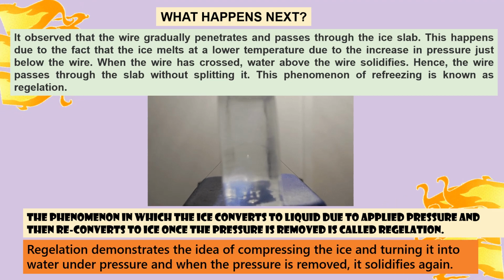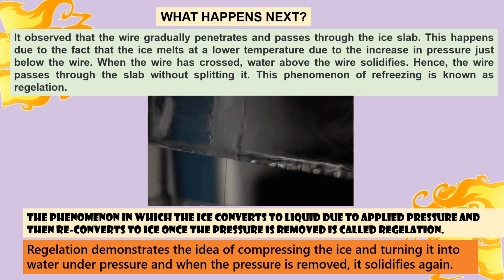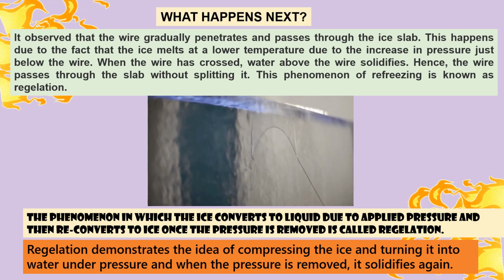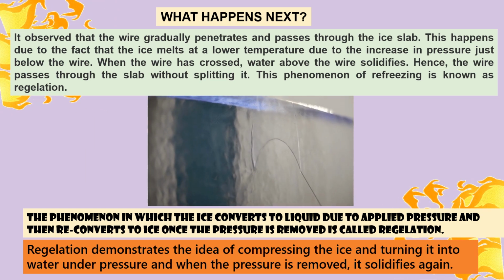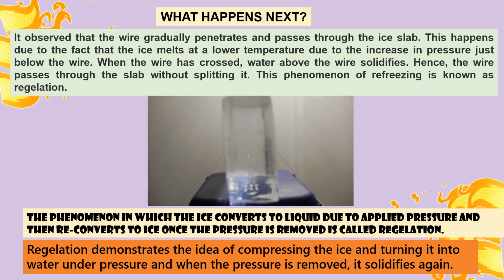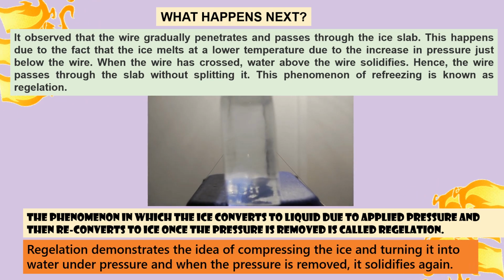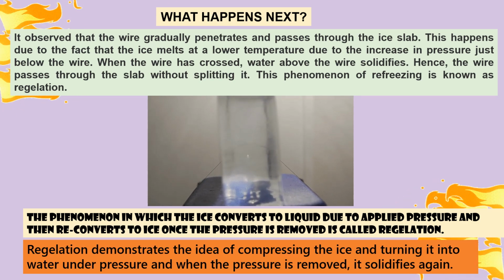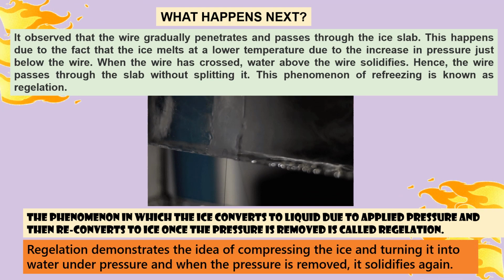Simple. If we have an ice cube, an ice slab, to create pressure on it we take a wire, put weights on two sides, and pass it over the slab. You will notice that after some time the wire starts to penetrate into the ice block, but the ice slab doesn't break into two parts. Why?